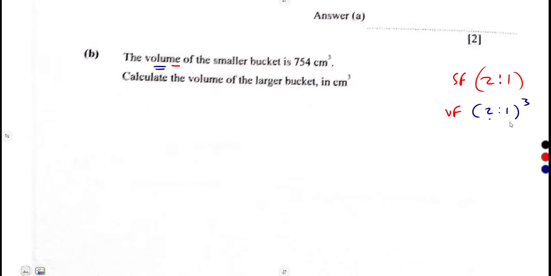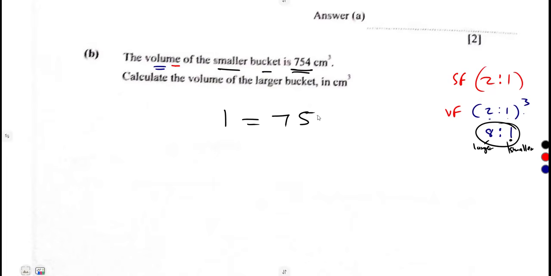So that's 2 to the power of 3, which is 8, as to 1 to the power of 3, which is 1. So remember, this is for the larger. This is the smaller. So this is our volume factor, which can be used to answer volume questions. As you are under volume, the volume of the smaller bucket is this. The smaller one, which is a ratio of 1 according to volume.